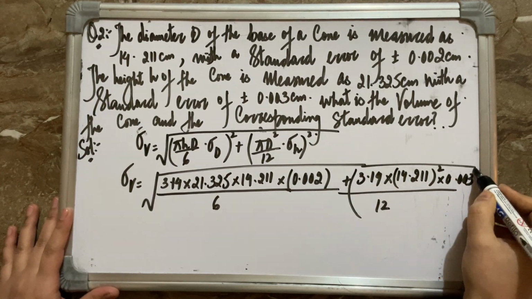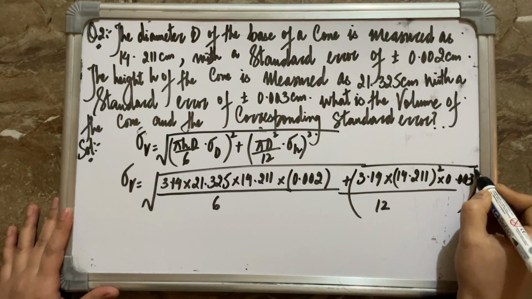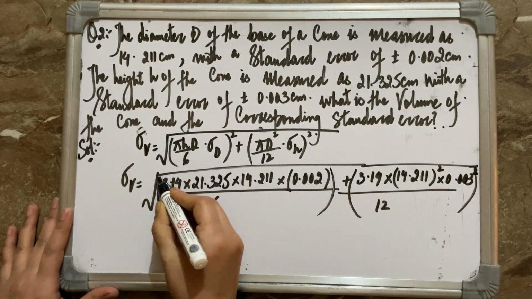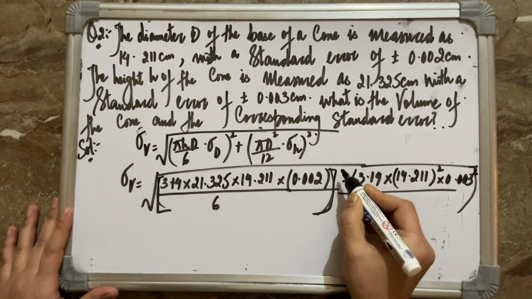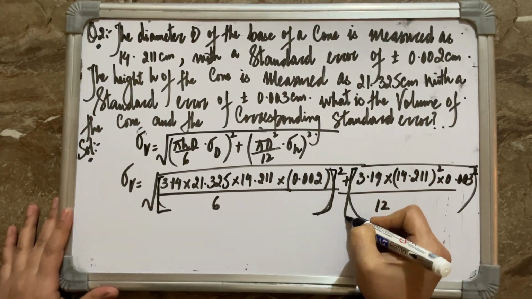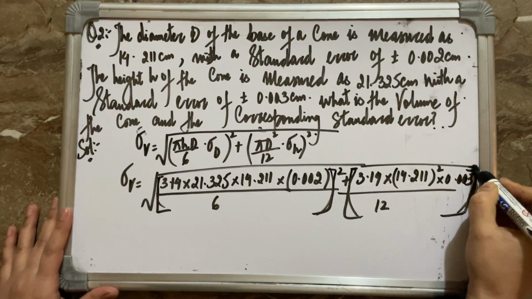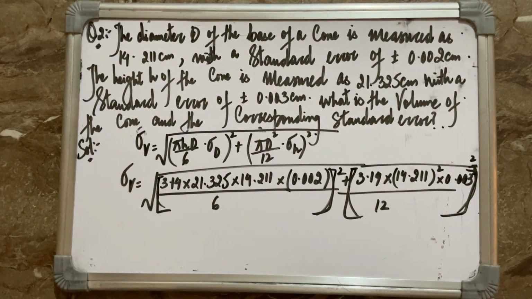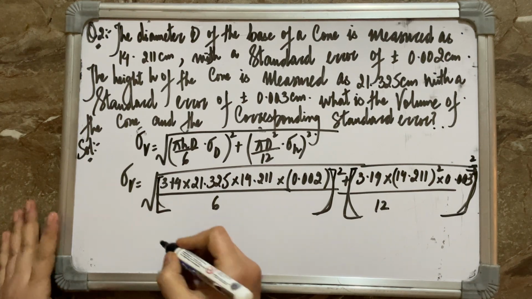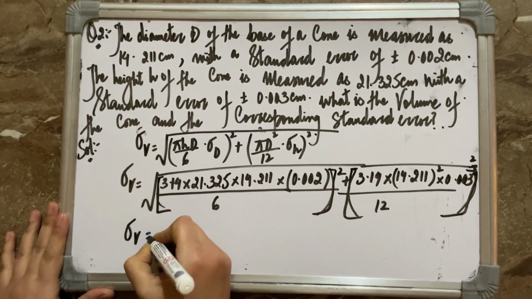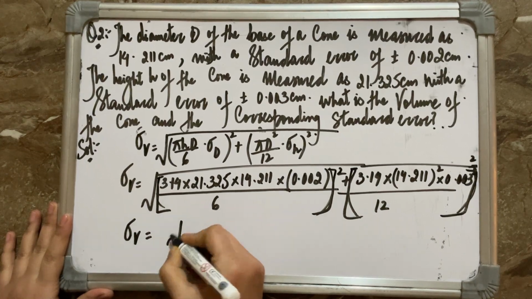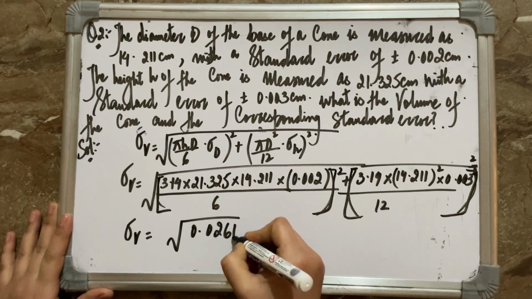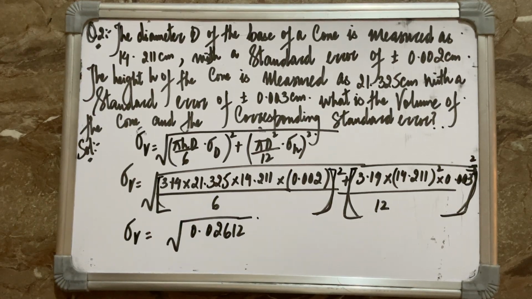Use long brackets, the square of this term and the square of the other term as well. By calculations, my sigma v is 0.02612.